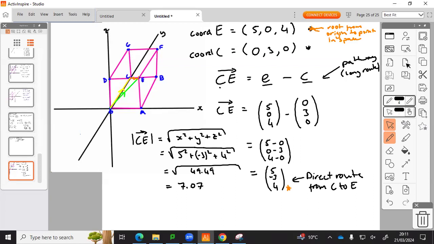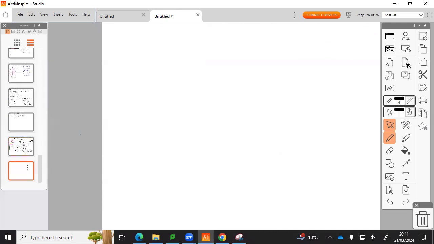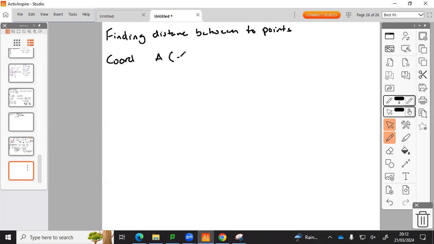Right? You don't necessarily need to be given the image. All right, so finding the distance between 2 points. Okay, and you get given the coordinates.